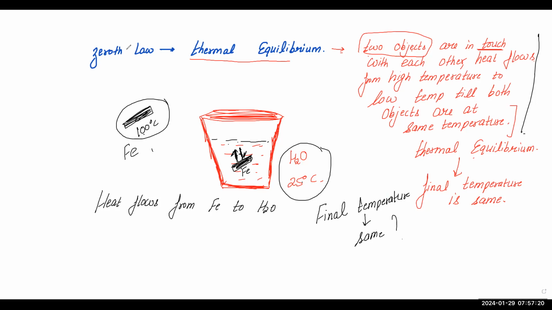Okay, this is zeroth law. Maybe in physics, people are talking about zeroth law, not in chemistry. But there is then first law of thermodynamics that you should know in chemistry also. First law. Now here, who is losing heat? Iron and water, these are two systems. Which system is losing heat? Iron.